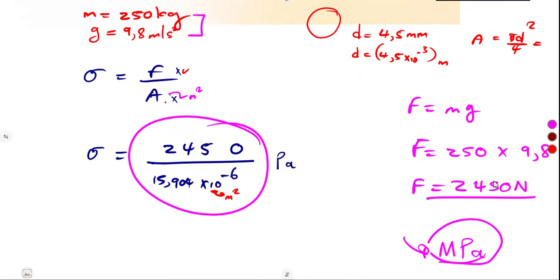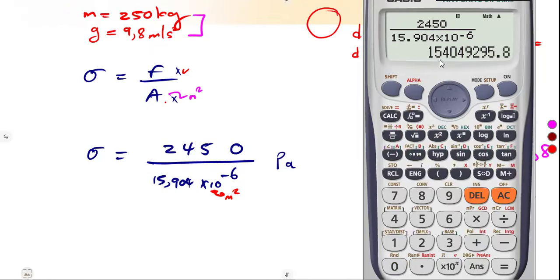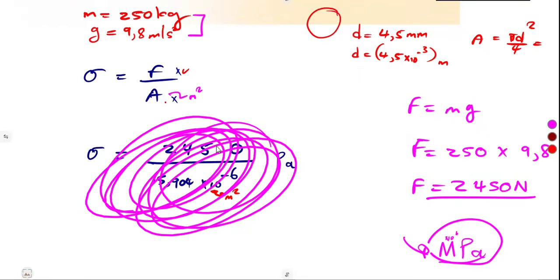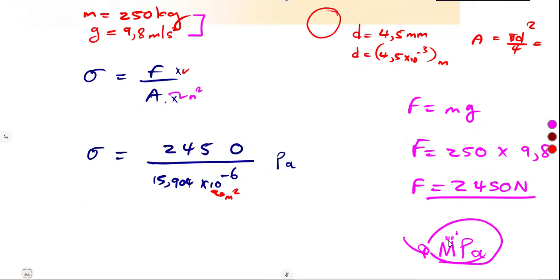Because as it is, the answer here has a lot of digits. Megapascal means times 10 to the exponent of positive 6. So how do we convert the answer that we have on our calculator to that?